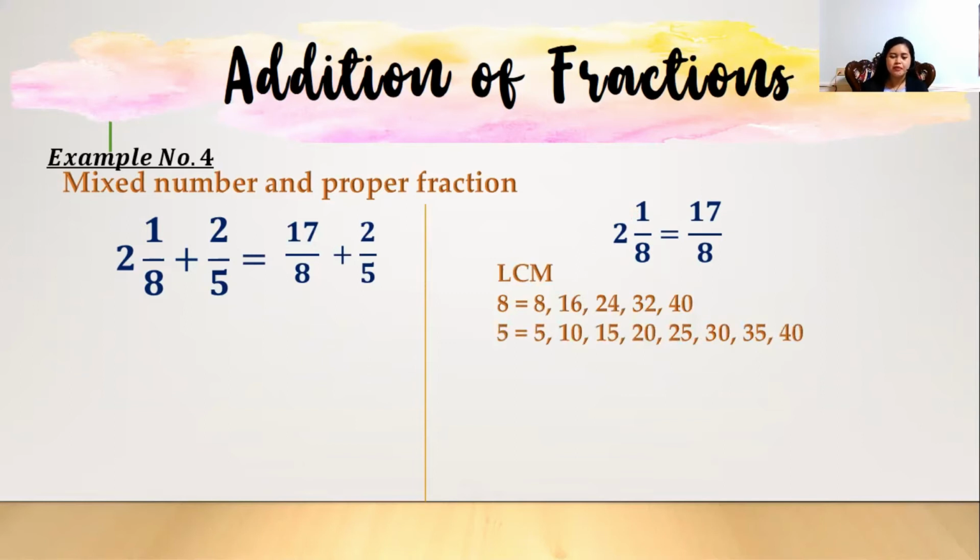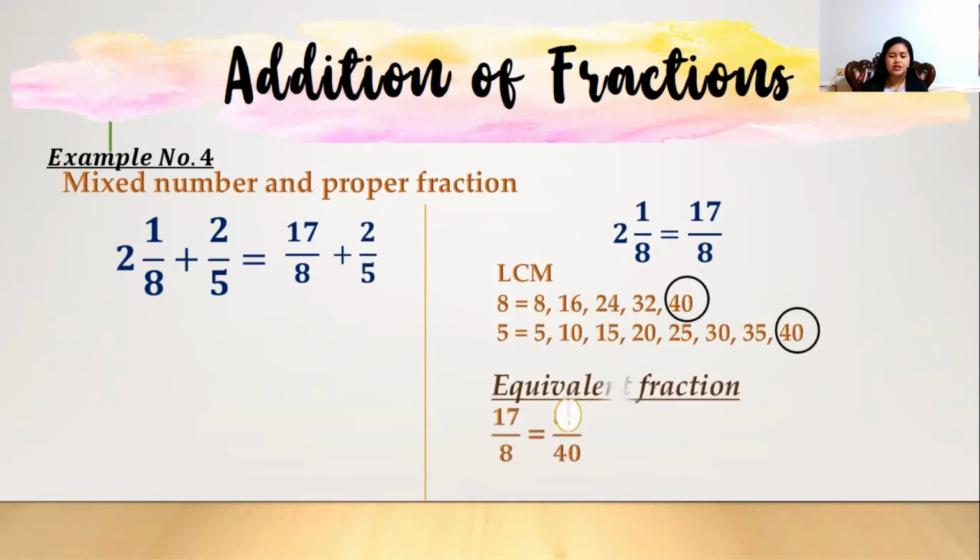The LCM of 8 and 5, the least common multiple, for 8 we have 40 and for 5 we have 40. So 40 will now be our new denominator for the two fractions. For the equivalent fraction, the first fraction 17/8 will have its new denominator, which is 40. Same process as earlier, we need to divide the LCM or the LCD, the new denominator of our fraction, by its original denominator.